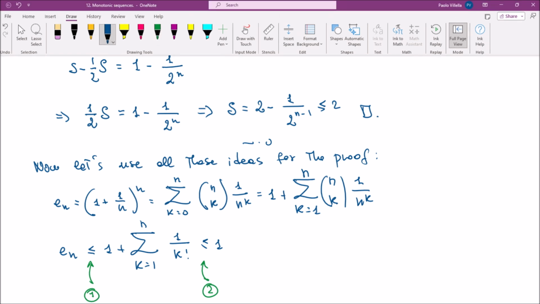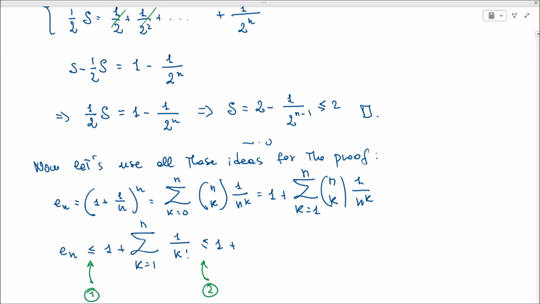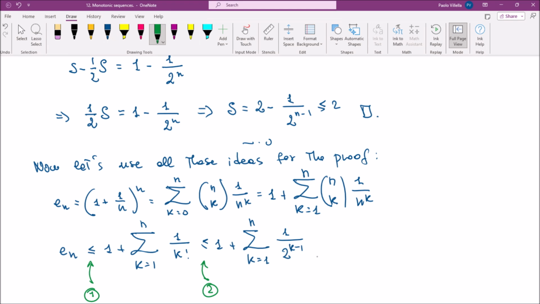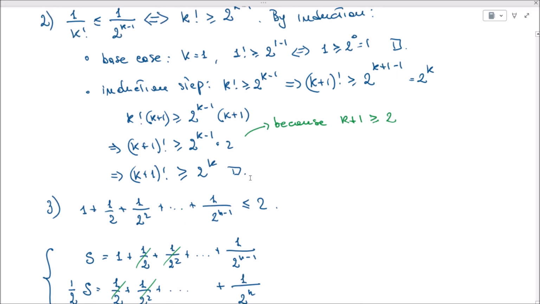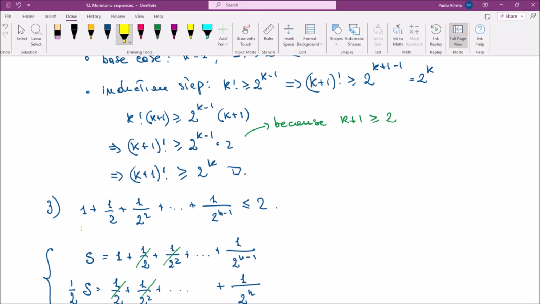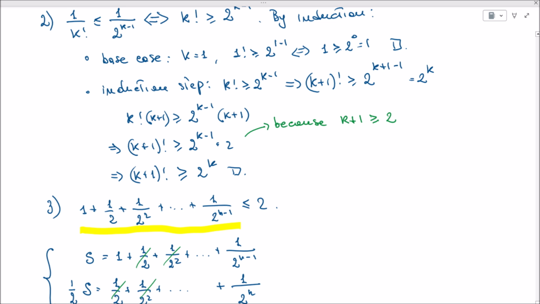So we can write now 1 plus sum k goes from 1 to n of 1 over 2 to the k minus 1. And now, using the property 3, remember that the property 3 is saying that the sum to the left is less than or equal to 2.